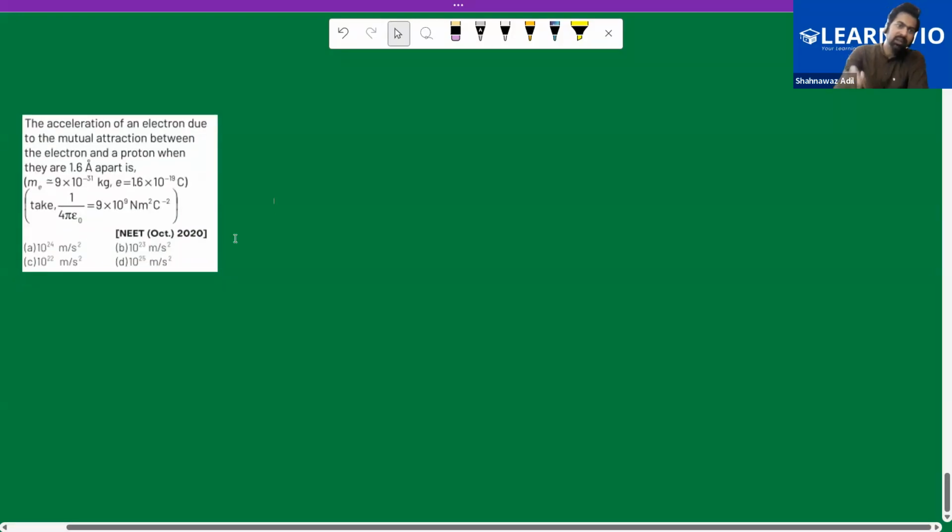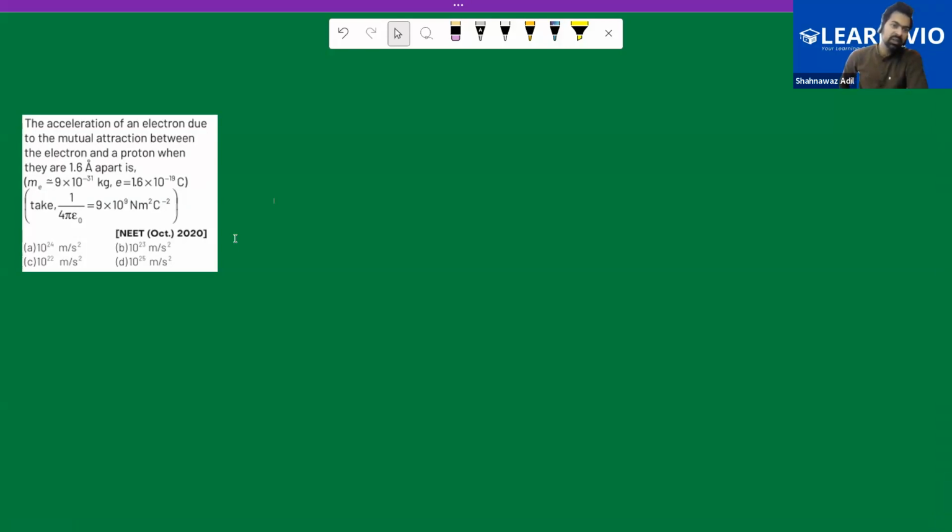The acceleration of an electron due to the mutual attraction between the electron and proton when they are 1.6 angstrom apart is, right? So we have to find out the acceleration of the electron. What is the force between the electron and proton?